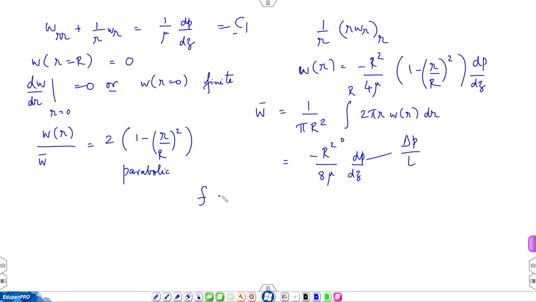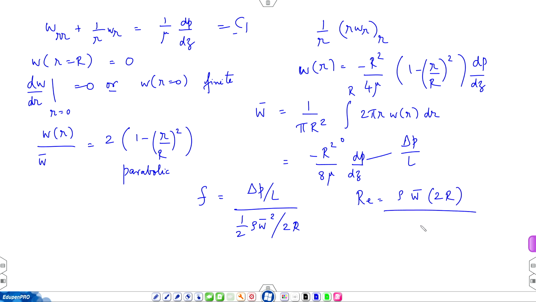Let us define friction factor and Reynolds number. See, in those calculations we always worked with diameter. Now, we are working with radius. Why? Because our domain of integration is r equal to 0 to capital R. So, that brought radius into picture.